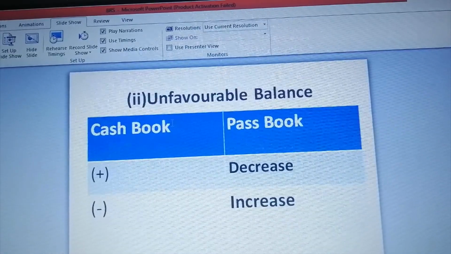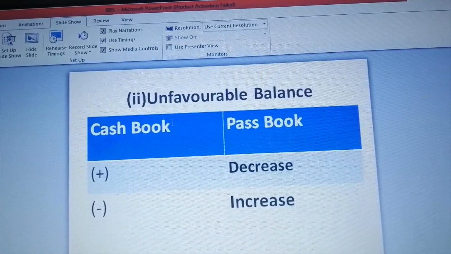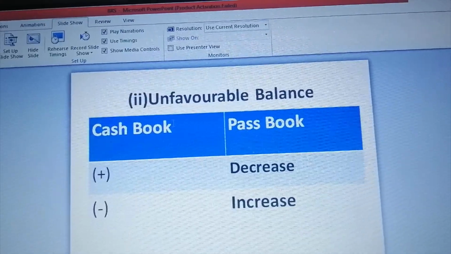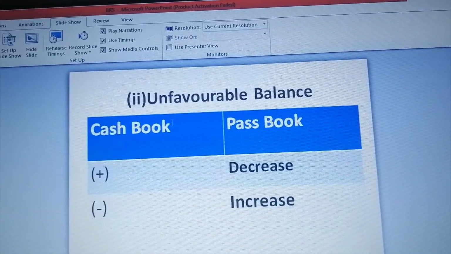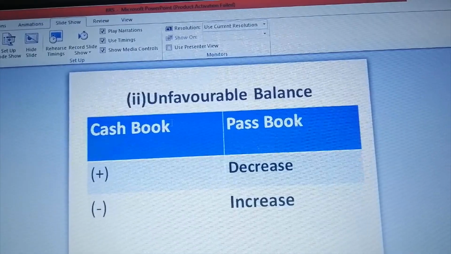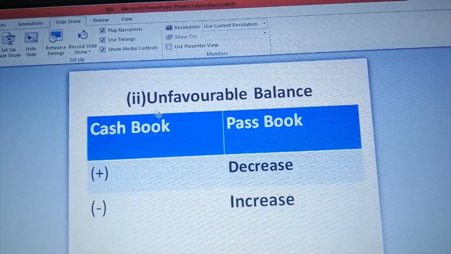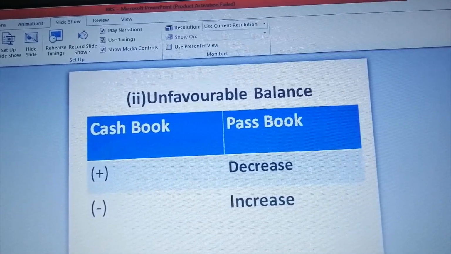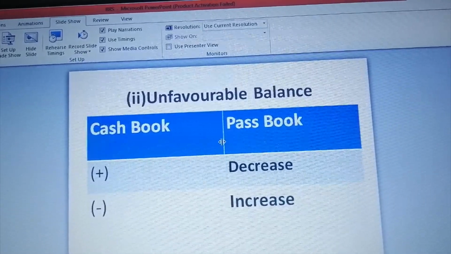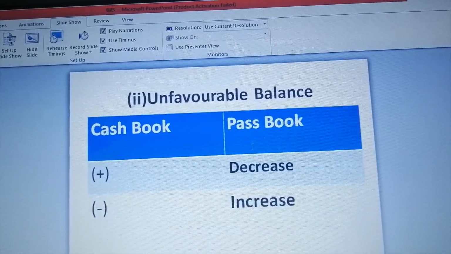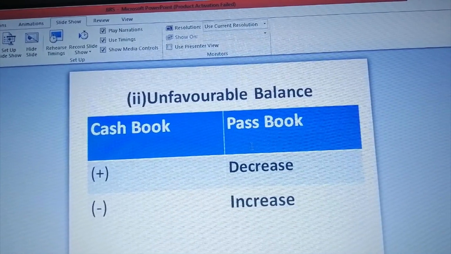That is, overdraft cash book balance is given. We have to find out the overdraft passbook balance. Okay. If overdraft passbook balance is given, we have to find out the overdraft cash book balance. Here we have taken the cash book balance. So we have to find out the bank balance as per passbook. So the focus is only on the balance in passbook.